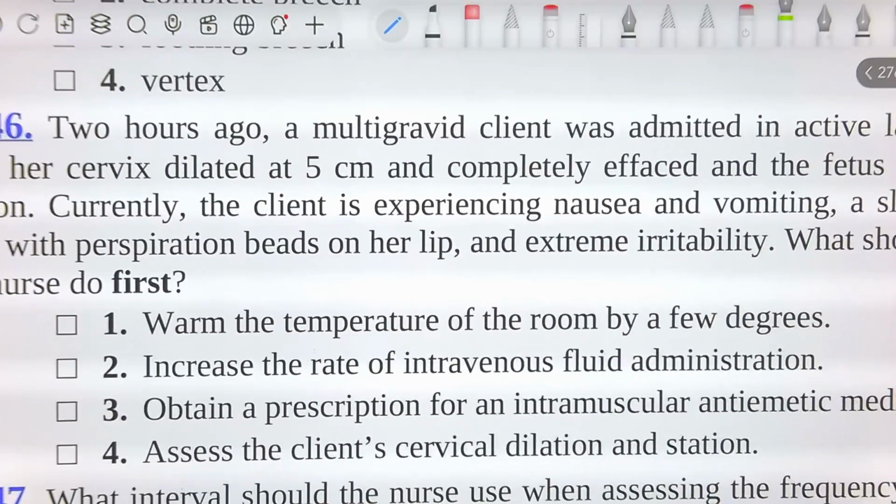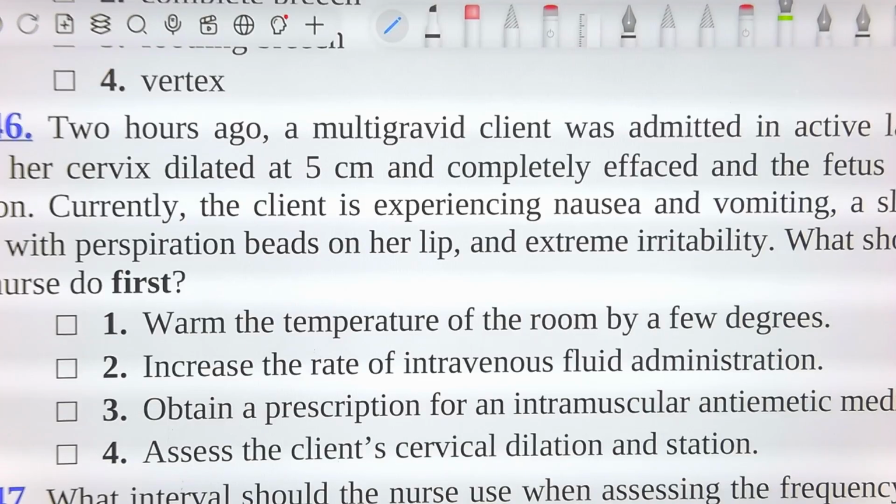So let's read the next question, that is 46. Two hours ago, a multigravid client was admitted in active labor with her cervix dilated 5 centimeters and completely effaced, and the fetus at zero station. Currently, the client is experiencing nausea and vomiting, a slight chill with perspiration, breathing on her lips, and extreme irritability.